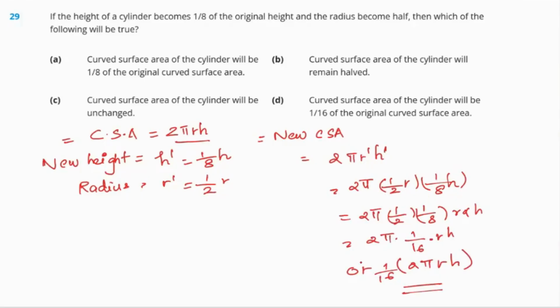So the curved surface area of the cylinder will be 1 by 16th of the original curved surface area. The correct option is option D. If the original height becomes 1 by 8 and the radius becomes half, the curved surface area becomes 1 by 16th of the original.